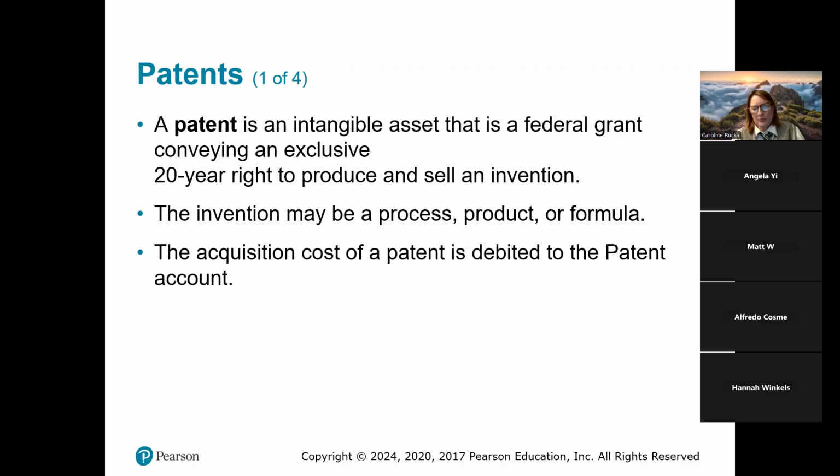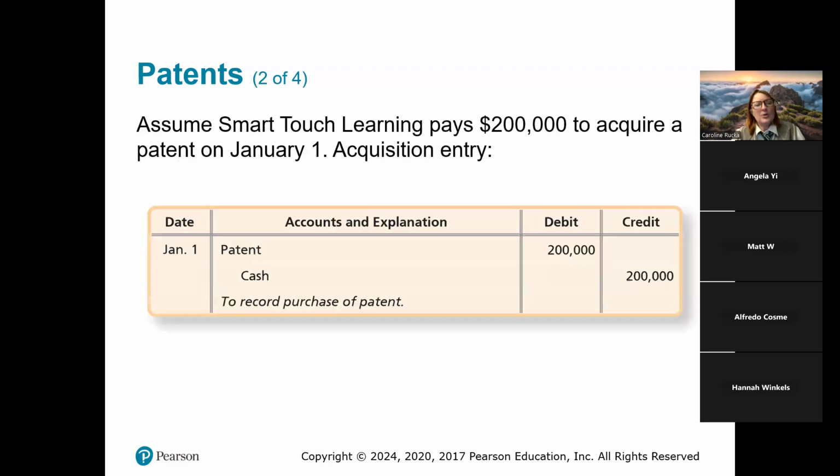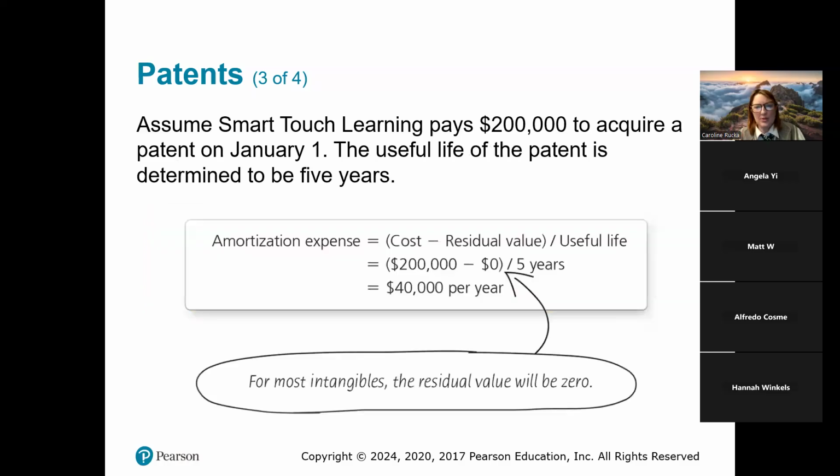The acquisition cost of a patent is debited to the patent account. Assume Smart Touch Learning pays $200,000 to acquire a patent on January 1st. So the patent is $200,000 and we paid $200,000 for it. We're just swapping one asset for another. Easy peasy, we do that all the time.